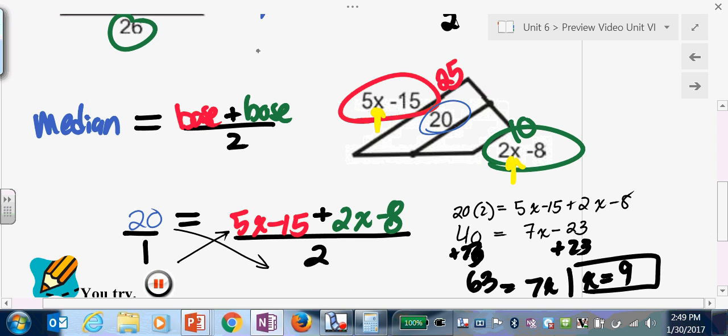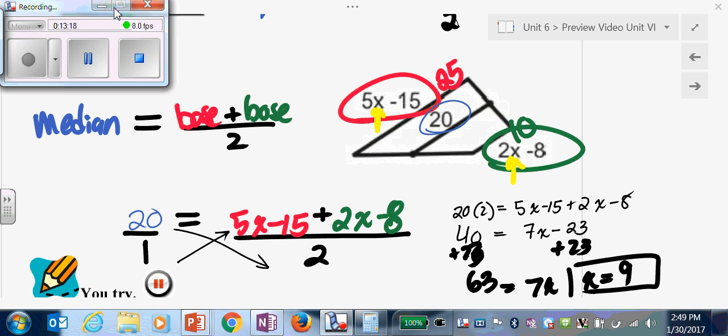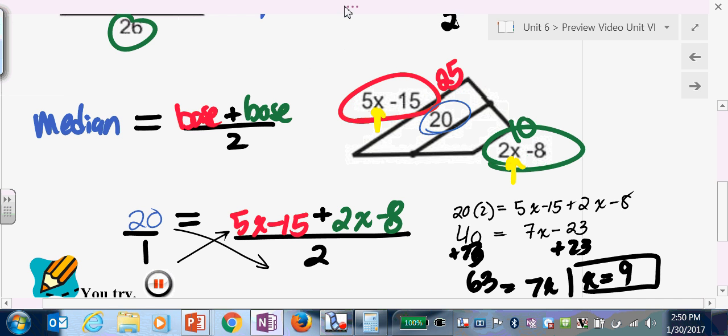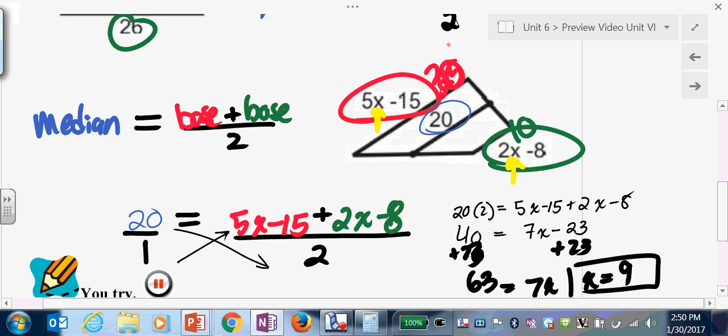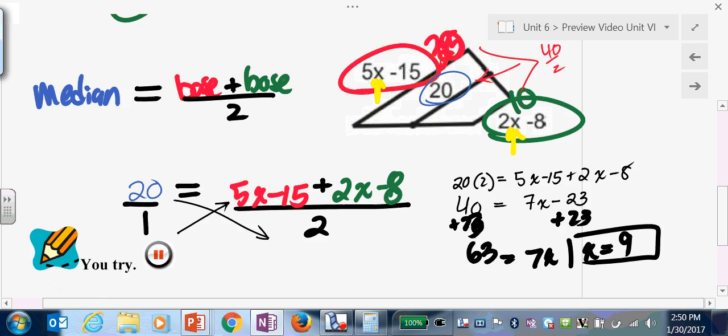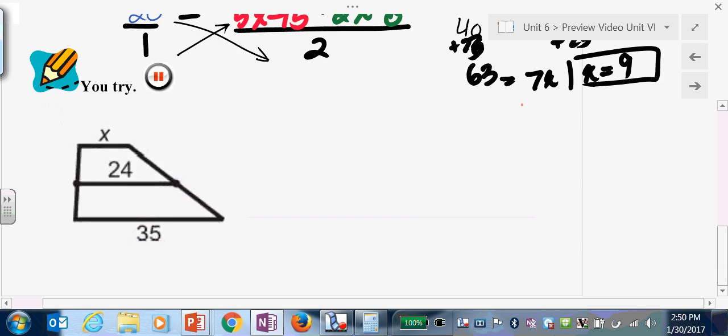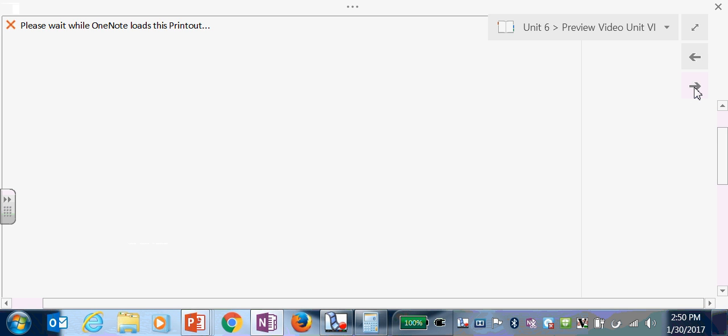Now check your work. Yes, 30. Got it. We have 30 here, and then you simply add 30 plus 10, divide by 2, boom, and you've got your 20 right there. Ready? You try this one on the next page.